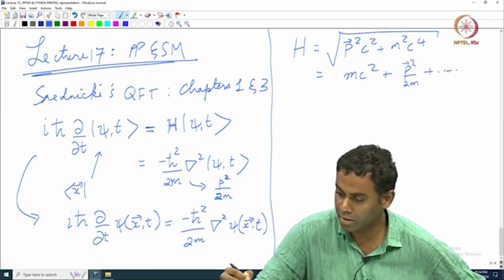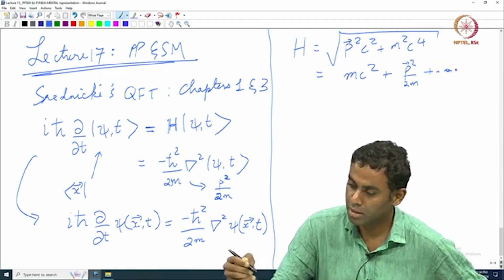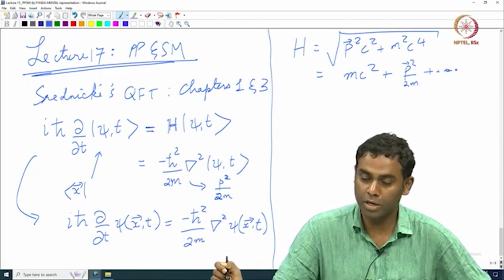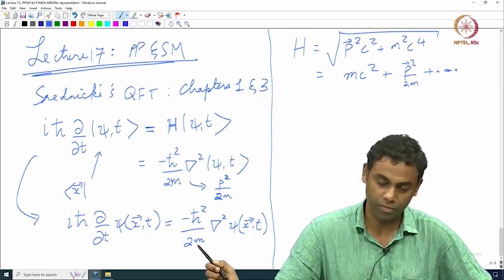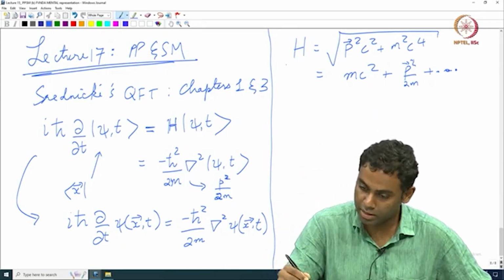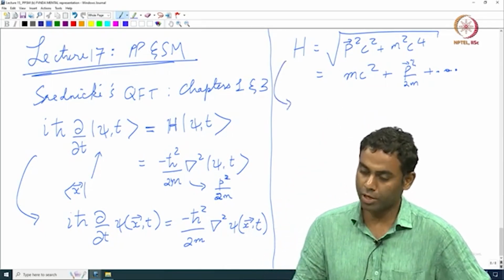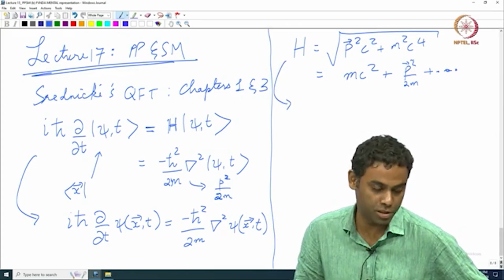This is what I would expect, just to build intuition. The first term is the energy from just the mass, the second term is the kinetic energy, and so on, right. So, let us see what happens if I plug this in as the operator. It already looks weird to you, right, there is some operator under a square root, but let us see what the physical consequences are.